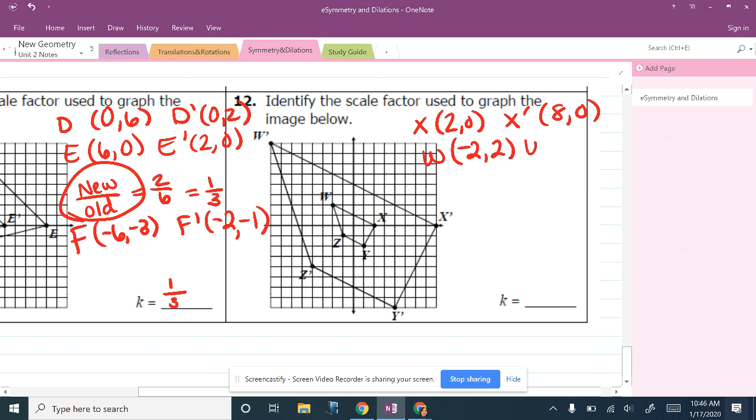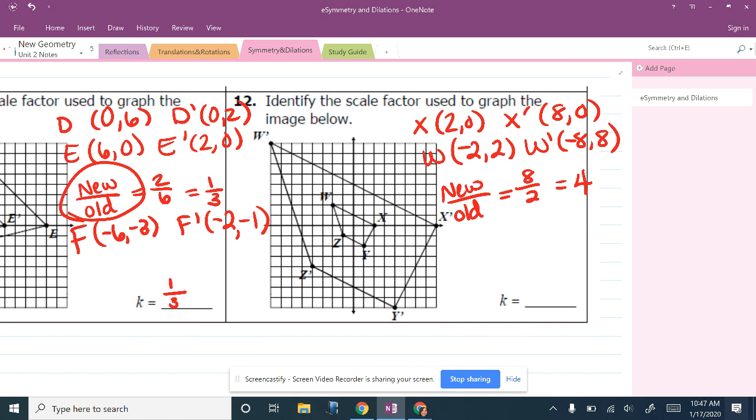And what are W prime's coordinates? Yeah, and I think that's enough to do it. So new over old. What's 8 over 2? 4. Y'all see what I did there? Check those X's, and then you can check it. That'll get me 4. And if you keep going, they should all get you 4. So the scale factor is +4. So do new over old to get your scale factor.